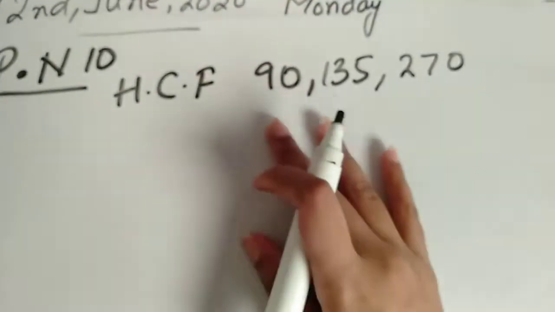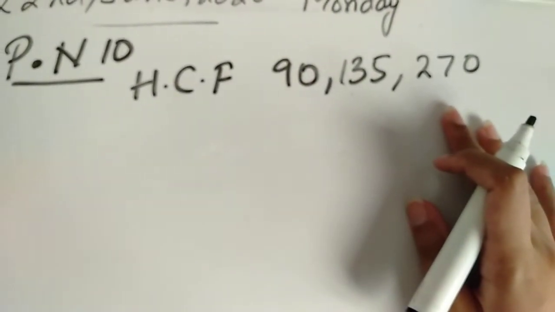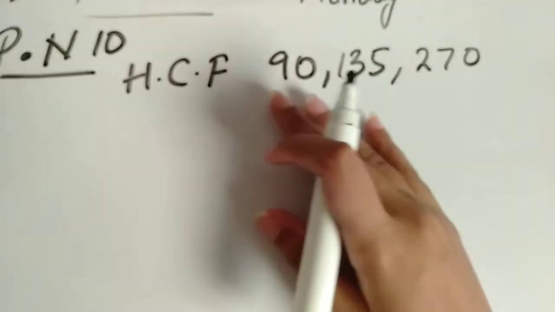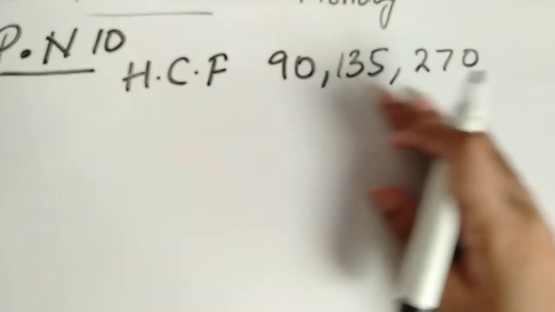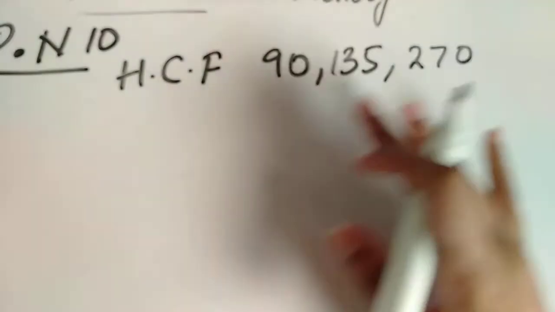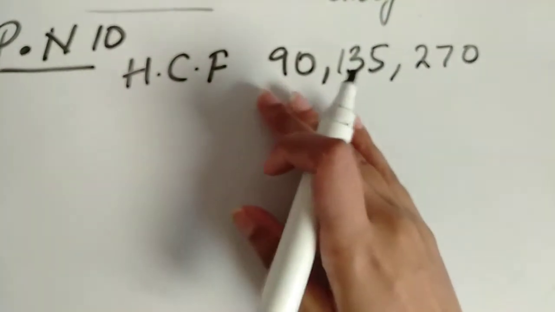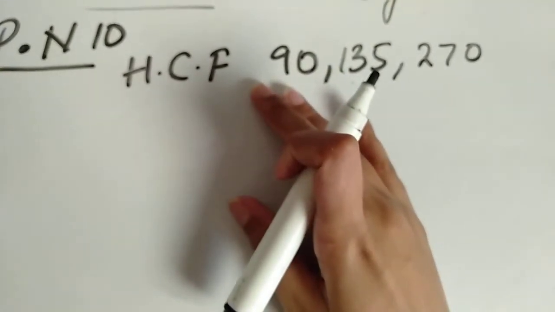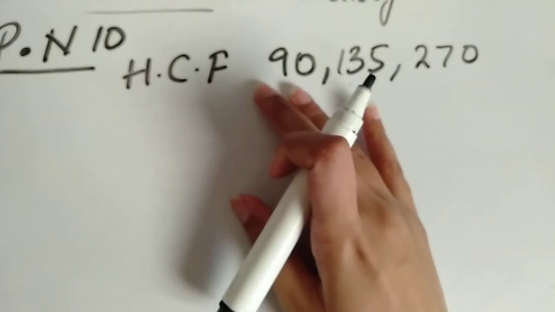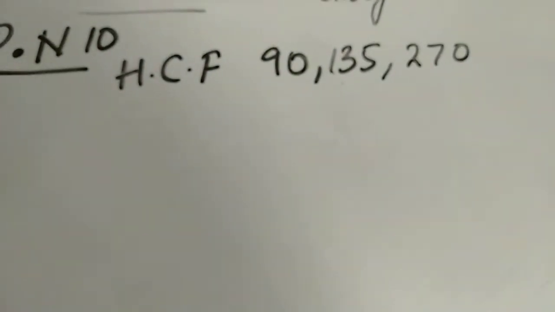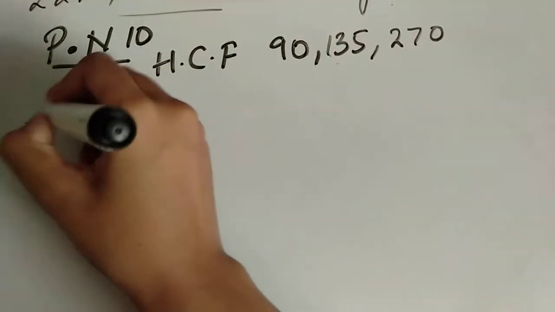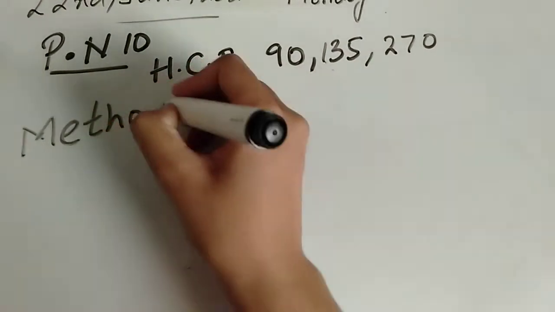To find the HCF of 3 numbers, it's easy if we use method number 2, finding the prime factors of the numbers collectively. Or if you want to find the prime factors of these numbers separately, you can. For method 1 you will find the prime factors of 90, then 135, then 270, then you will find the common factors of them. So I'm using method number 1.